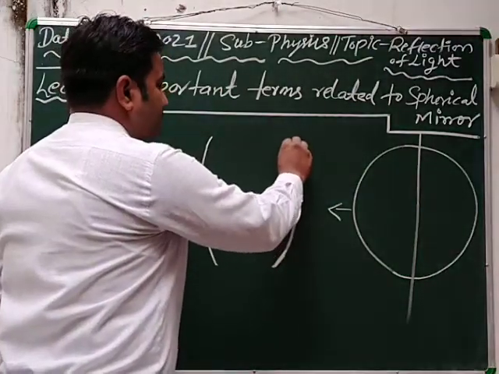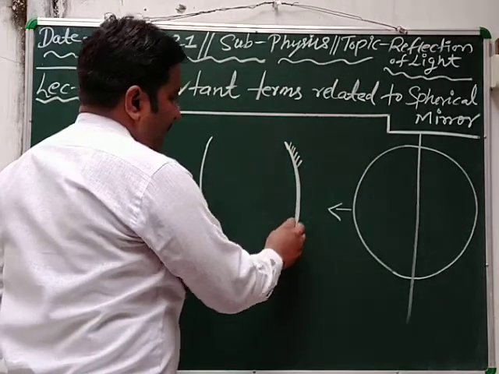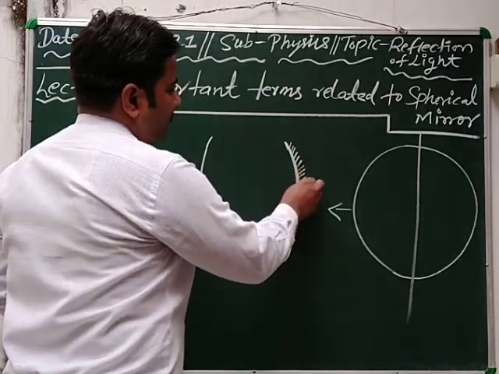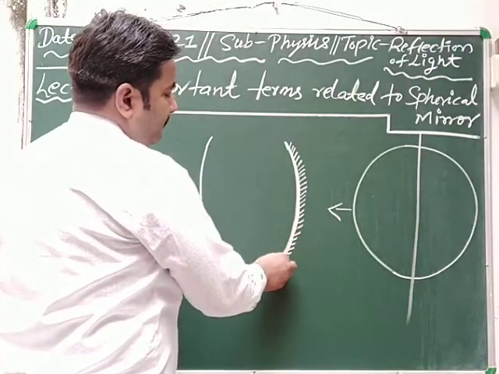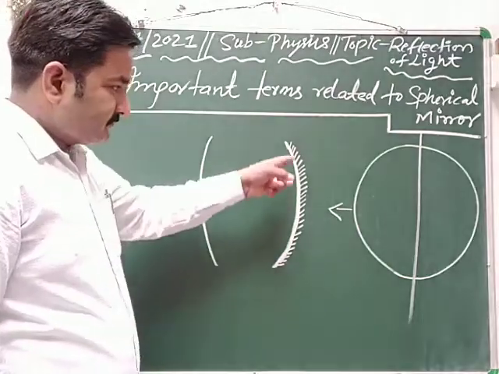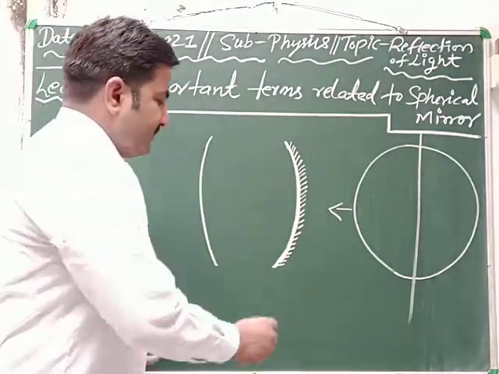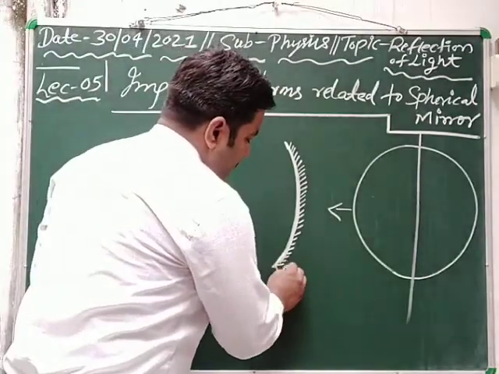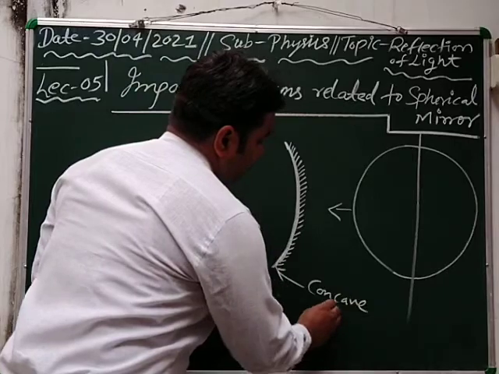This is the silver coating, and then after the silver coating, when we paint, this is a concave mirror.